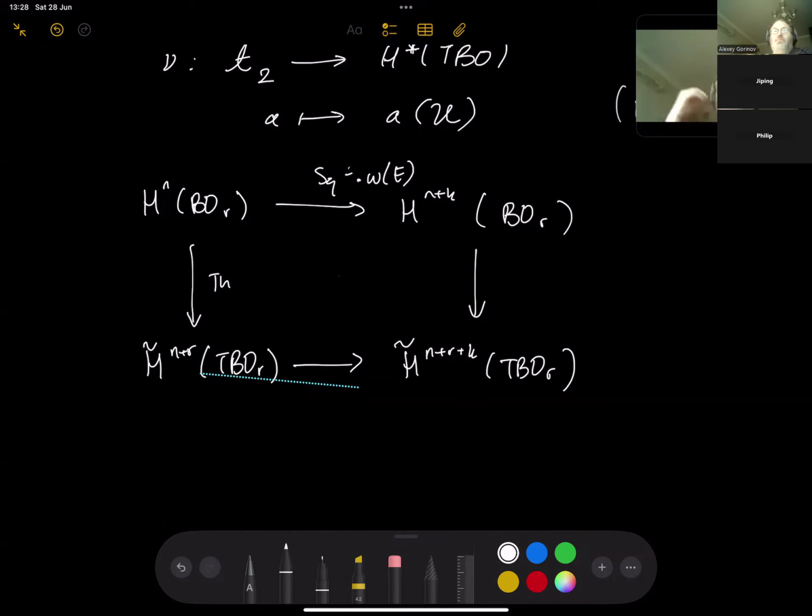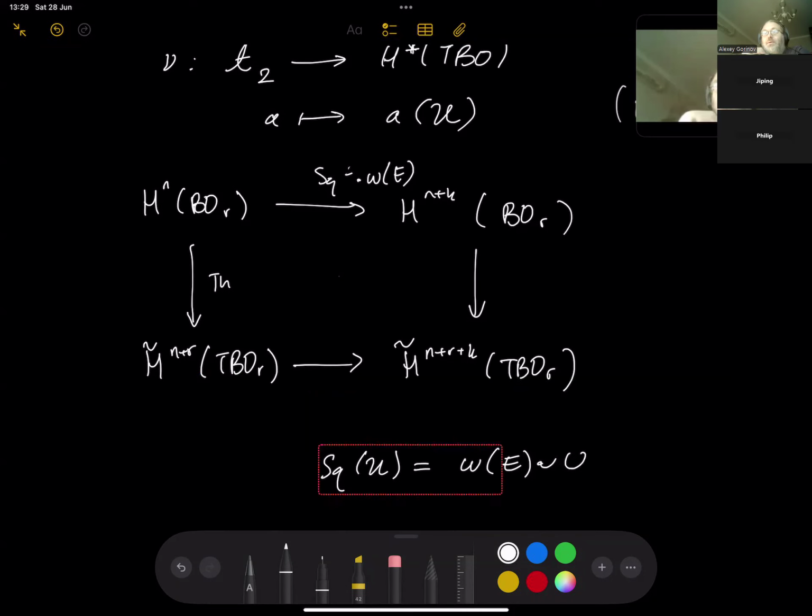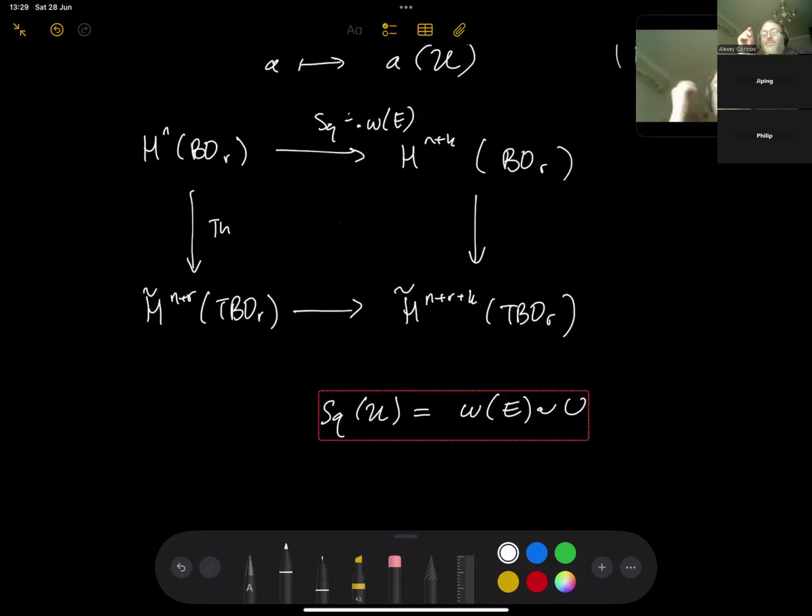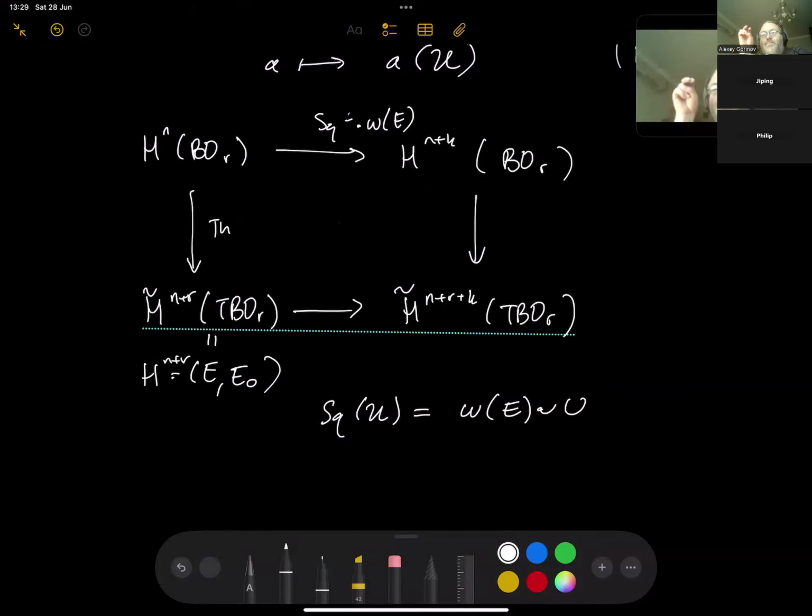Okay. Let's see. SQ acts on U by omega E cup U. So what is the bottom arrow?